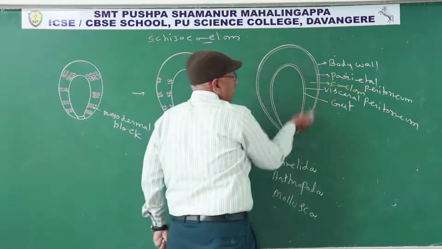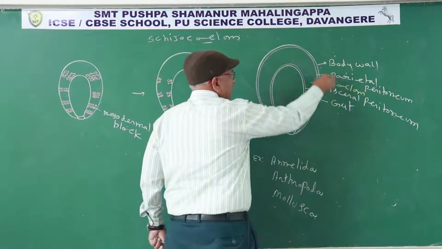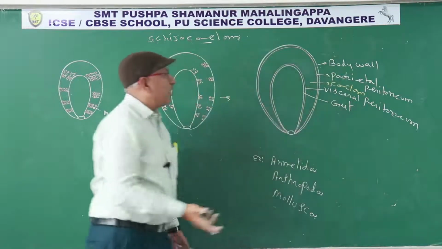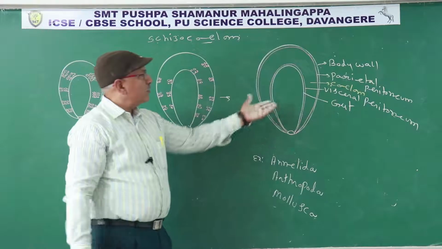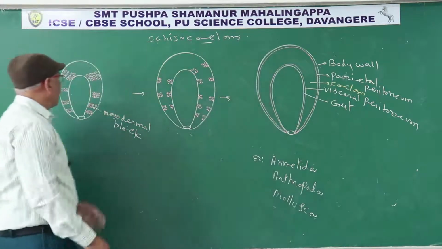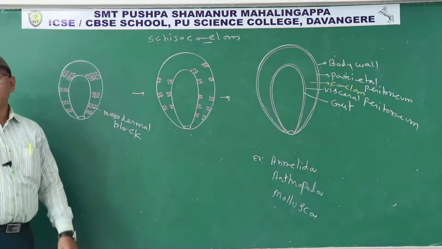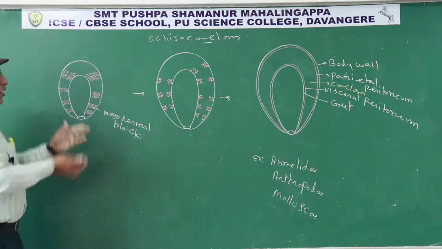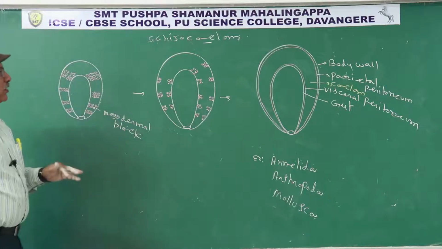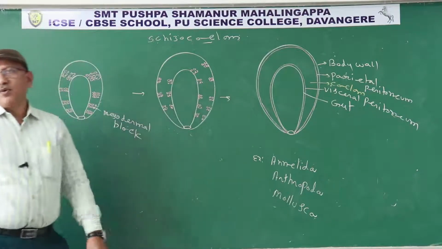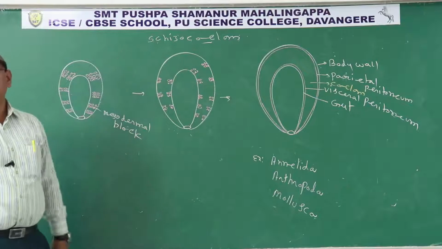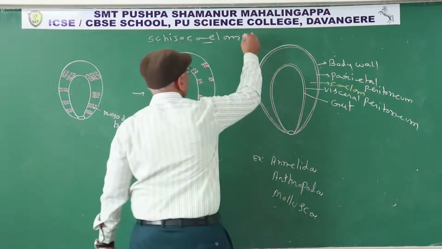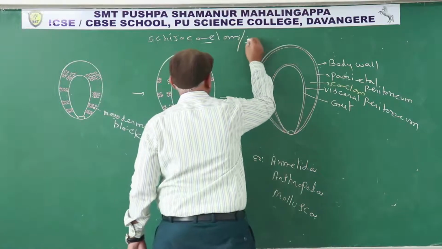So observe, now a cavity is present between body wall and alimentary canal. This cavity is lined by mesodermal layer, so it is known as coelom. How is it formed? Due to splitting of mesodermal blocks. The mesodermal blocks split, and as a result coelom is formed. That's why it is known as schizocoelom or split body cavity. It is one type of coelom.